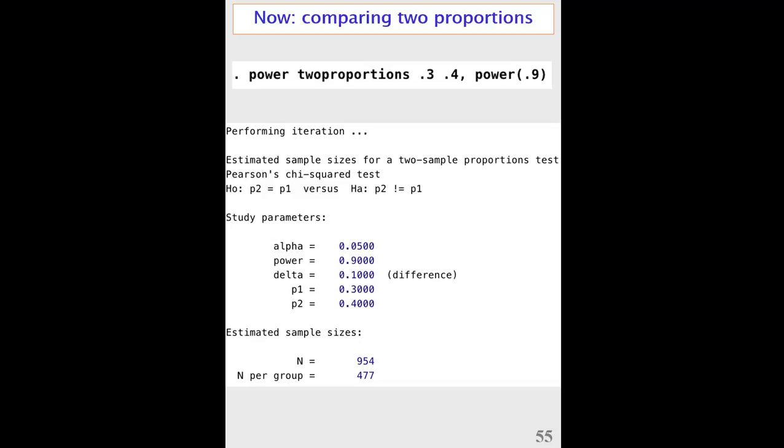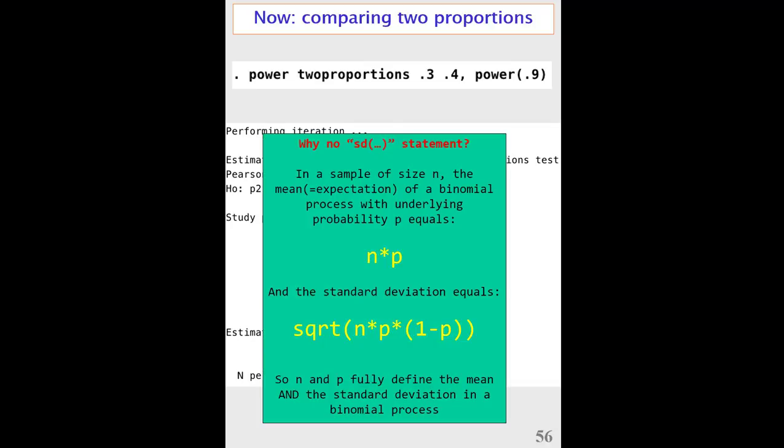Now, let's see. One thing that is missing here is that there is no standard deviation. So for the t-test, we needed that. We needed the two means and the two standard deviations, to say something about how wide the distribution is. Here we don't, and there is a reason for this. If I have something binomial, then the expected number of yeses is n times p, if p is the proportion.